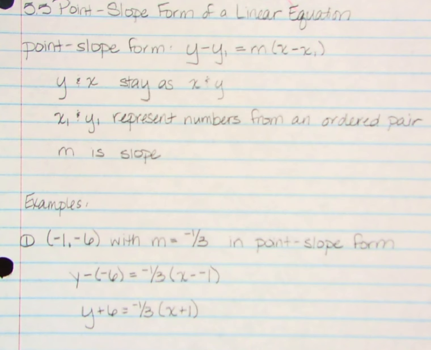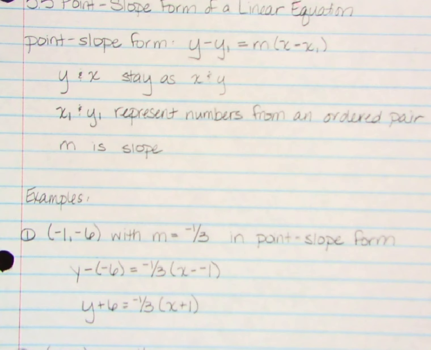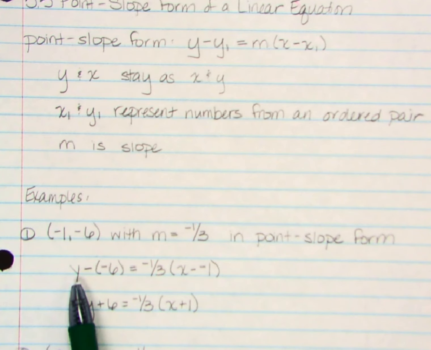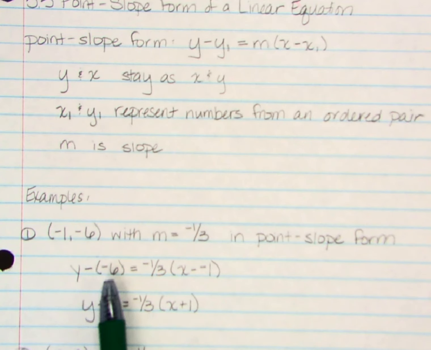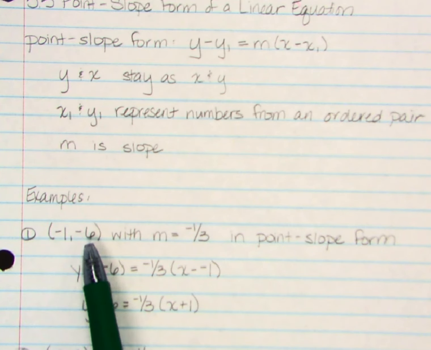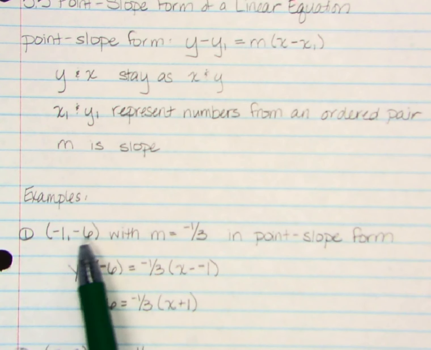So if we take this first example here, we have the ordered pair of -1, -6, and the slope is -1/3. And we want to write it in point slope form. So we're going to take this y, it stays as y, don't change anything, minus, and in place of the y1, we're going to write this number right here because that -6 represents the y in this ordered pair.